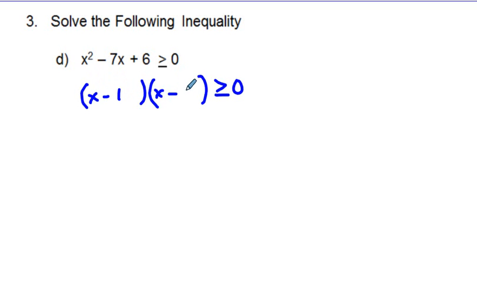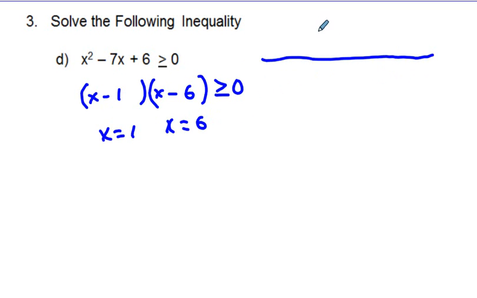Well, -1 and -6. So again, if we look at this as a graph of a quadratic function, we're going to have x is equal to 1, x is equal to 6.